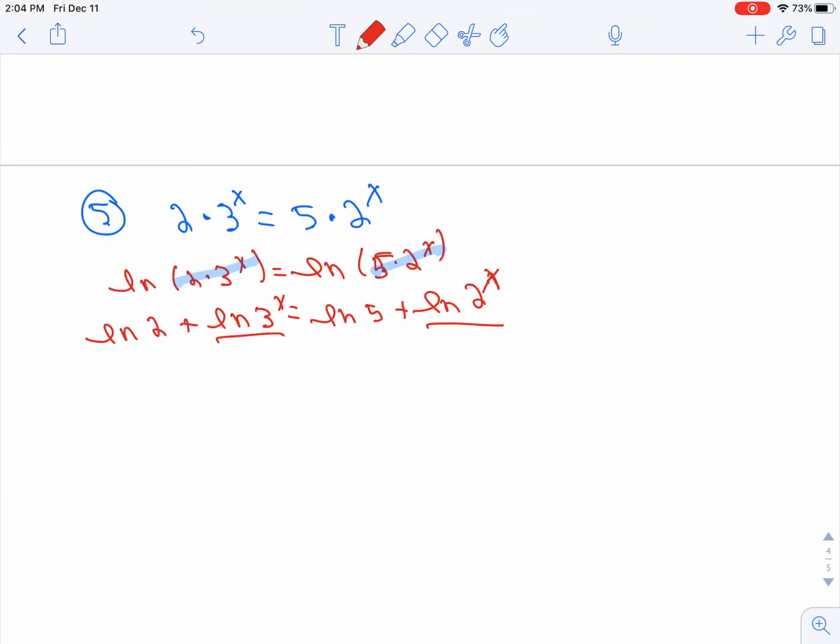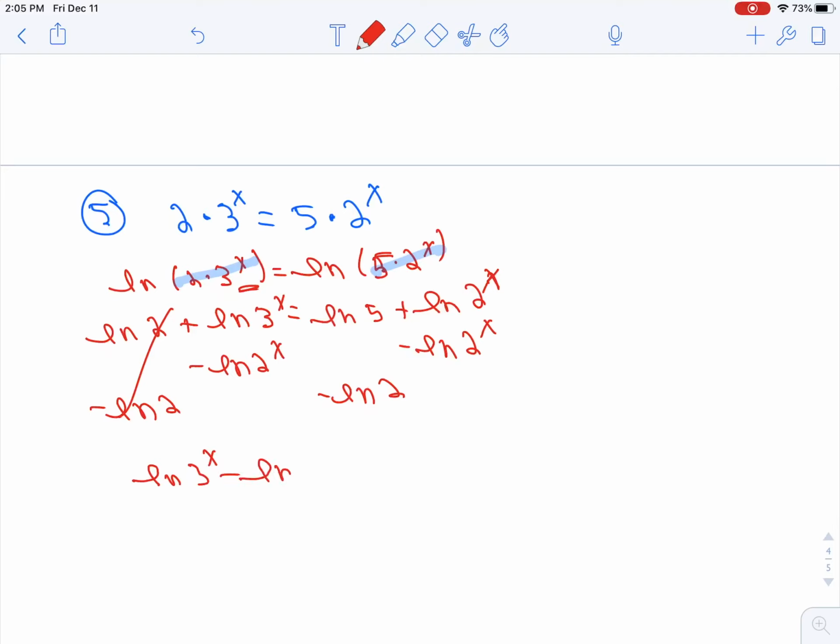So if I subtract ln of 2 to the x from both sides, that's going to move all of the x's to this side. Now if I want to get rid of the ln 2 on this side, I can just subtract ln 2. And so I end up with ln of 3 to the x minus ln of 2 to the x is equal to, these go away, and I just get ln 5.